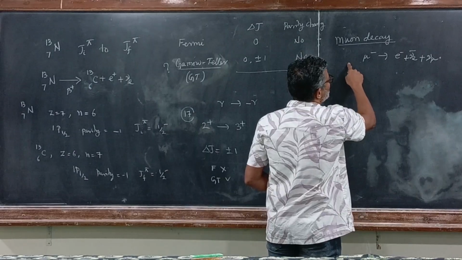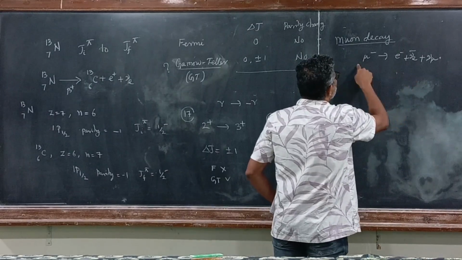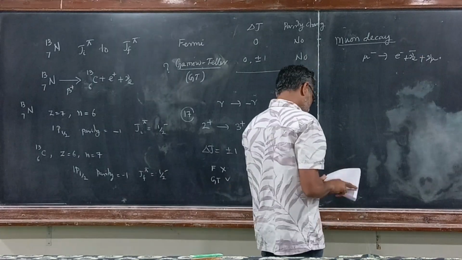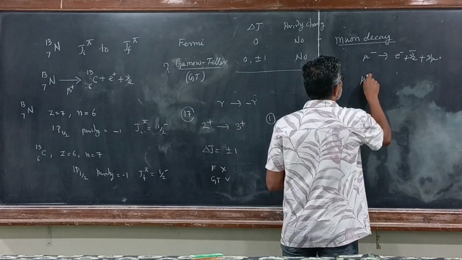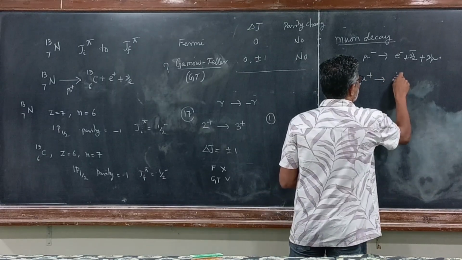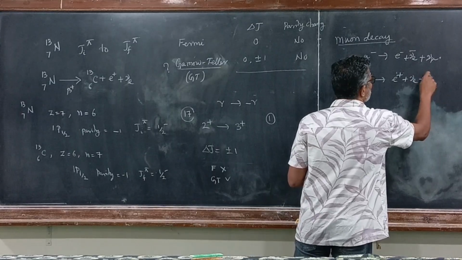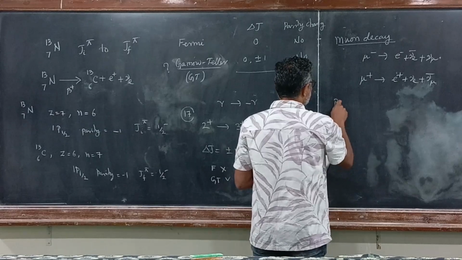If you put this mu minus, when the electron comes, there is an anti-neutrino, and similarly the mu neutrino comes. And if it is a mu plus, it will be a positron plus a neutrino plus a mu anti-neutrino. Okay? And then pion decay.